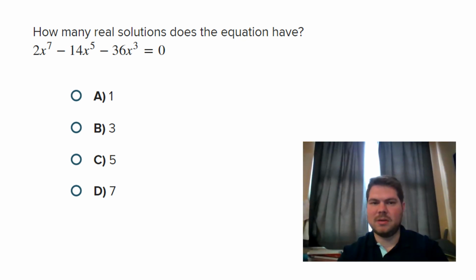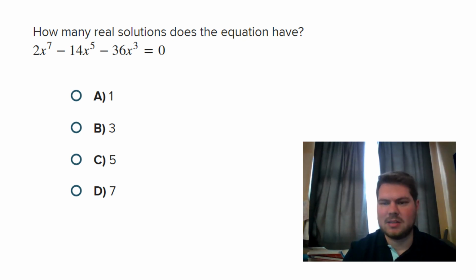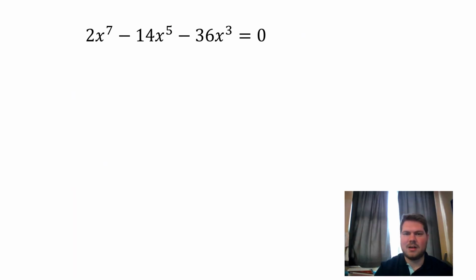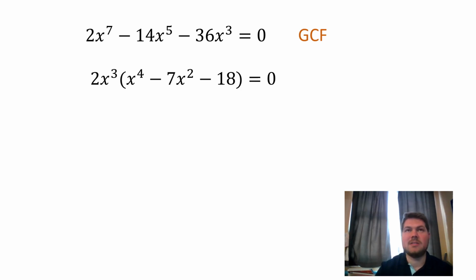But first, you want to take out your 2x cubed, your greatest common factor. It's taking a second to load the next slide. All right, so our greatest common factor is 2x cubed.